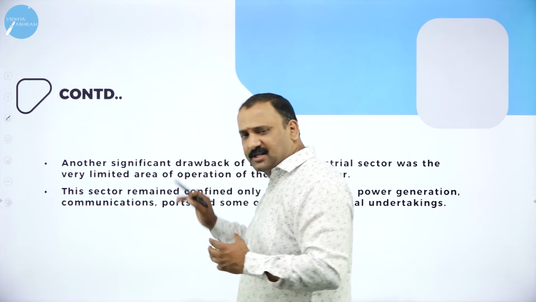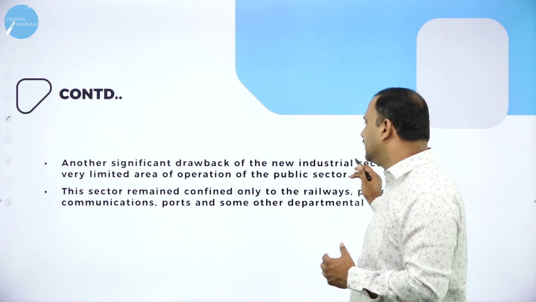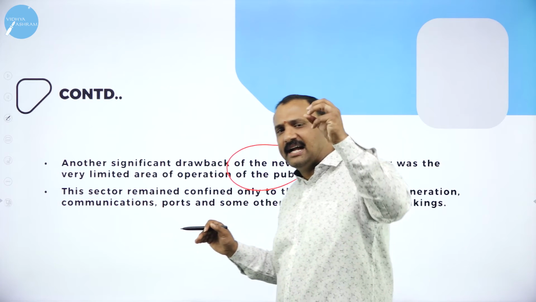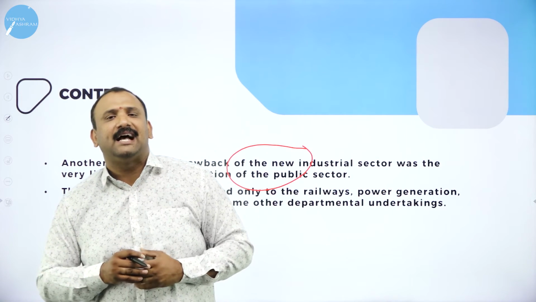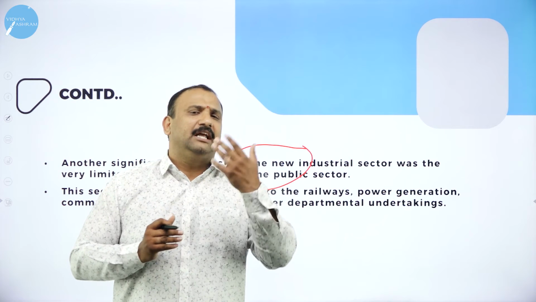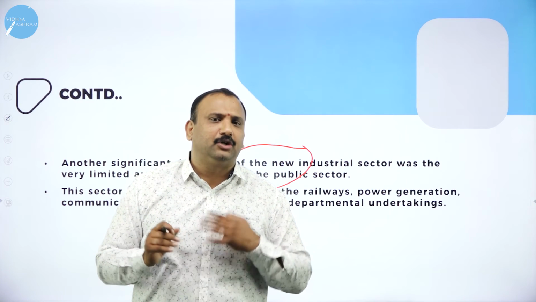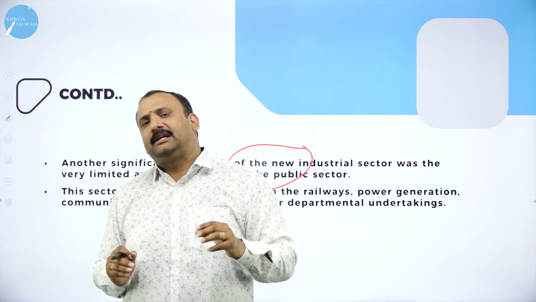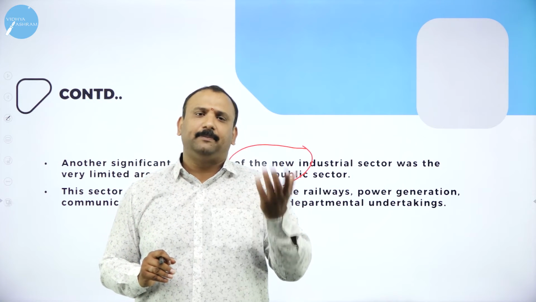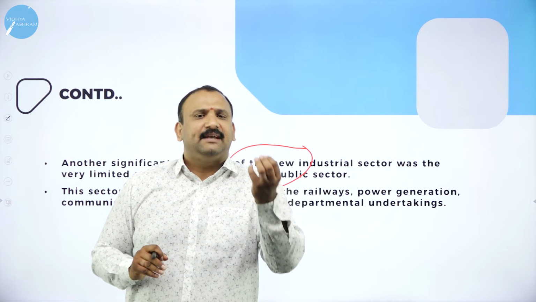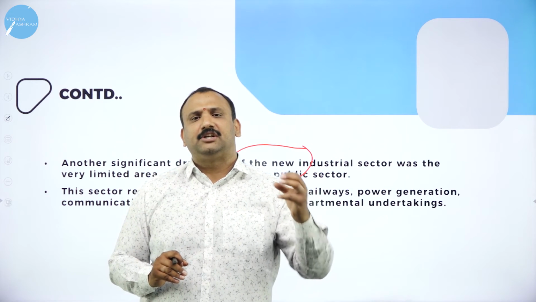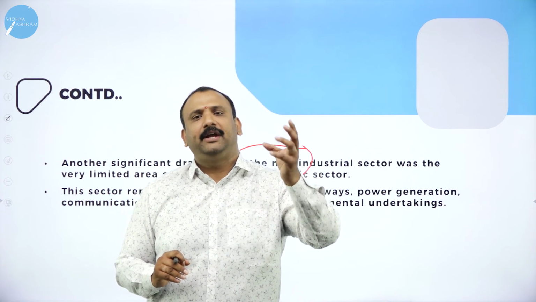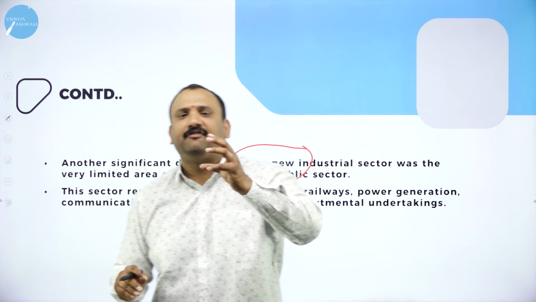Now, another significant factor that we need to understand here is that there was a new industrial sector that started operating, and that had a very limited factor, what we call the public sector altogether. If you look into the railways, the power sector, coal sector, the energy sector, these were all the public sector which was actually controlled by the government, the British system altogether, but then they were all a part of the manufacturing sector, so they were all being classified as public, which means held by the government, and they were trying to actually help the manufacturing factor altogether.